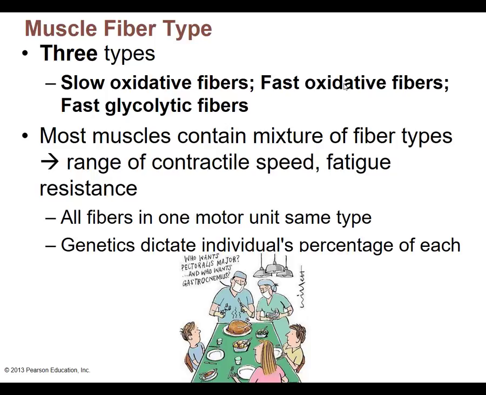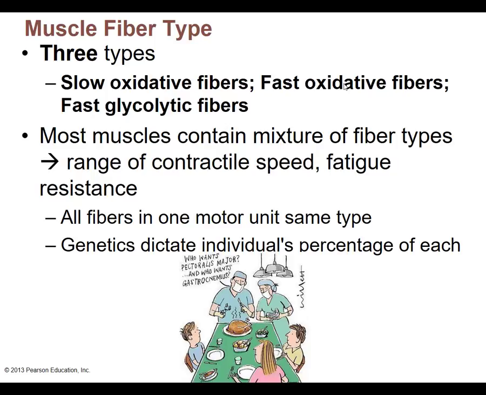Now, all the fibers in one motor unit are the same. So that's one motor neuron, and all the fibers that it controls. That one motor neuron would control all slow oxidative or all fast oxidative or all fast glycolytic. And your genetics dictate the percentage you have of each of these muscle fibers in your muscles.